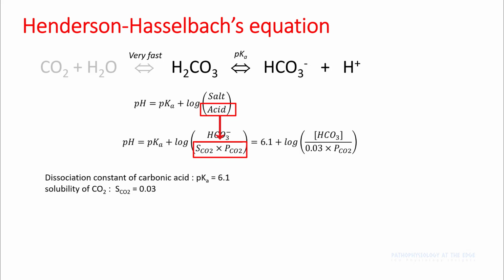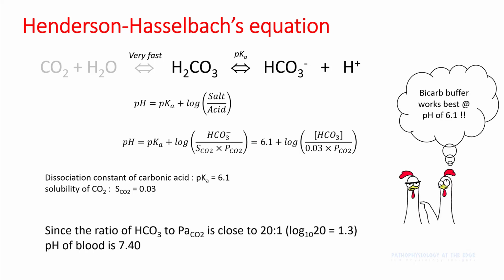Since the solubility constant of CO2 is 0.03, you get your favorite Henderson-Hasselbalch equation: pH equals 6.1 plus log of bicarb divided by 0.03 times pCO2. In humans, since the ratio of bicarb to 0.03 times pCO2 is close to 20:1, log 20 equals 1.3. That gives your pH of the blood to be 7.40.